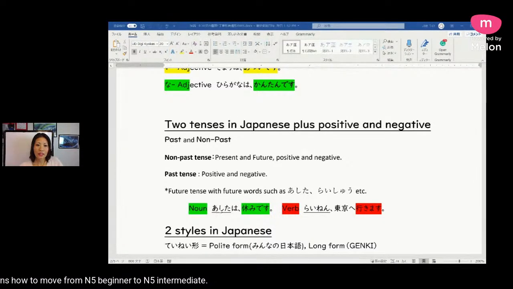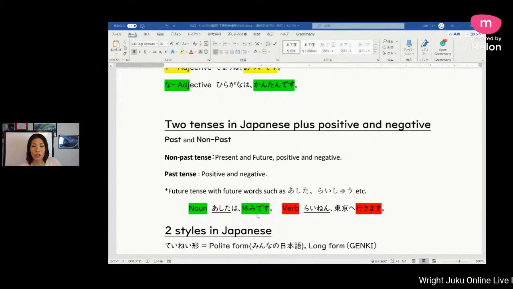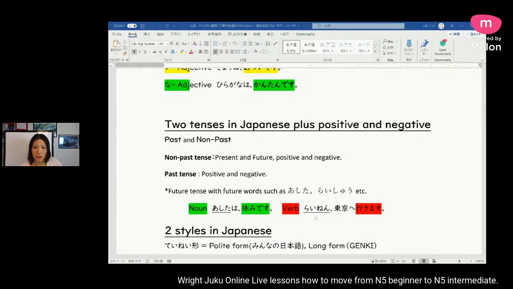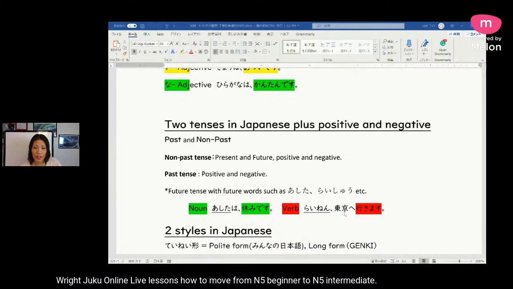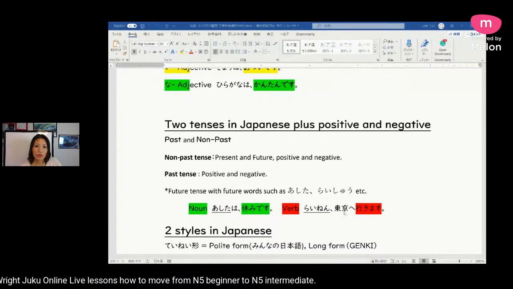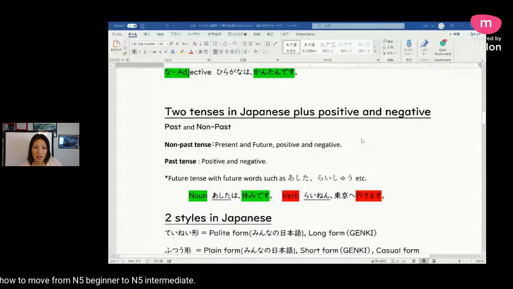For example, 明日は休みです。明日 is the future word. So even though 休みです is in present form, we know this is talking about the future. Same thing, 来年東京へ行きます。Because 来年 is a future word, we know this is talking about next year. So there are 2 tenses, each with positive and negative endings.